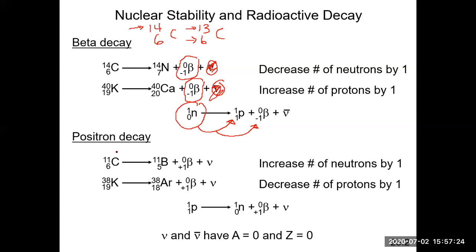That takes us back to 14 and 7, which now moves us from carbon to nitrogen. And in the process of doing that, another particle is made, which is our beta particle.